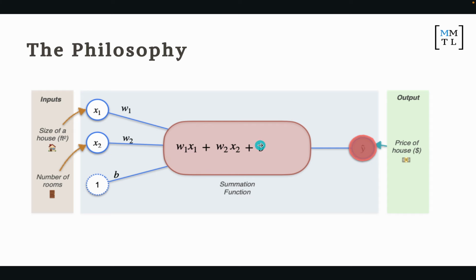But if you differentiate the bias term, the derivative of a variable is just a constant, right? So basically, it will always have a constant impact on your house price because it's not dependent on whatever input you have, as opposed to the other terms.